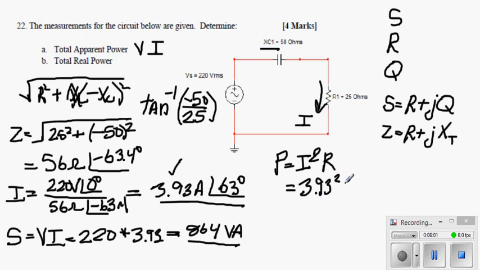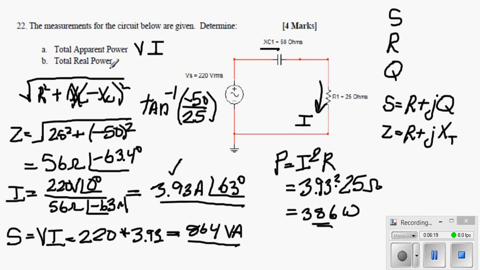So that'll be 3.93 squared multiplied by 25 ohms. That gives us 386, and the unit for real power is watts.